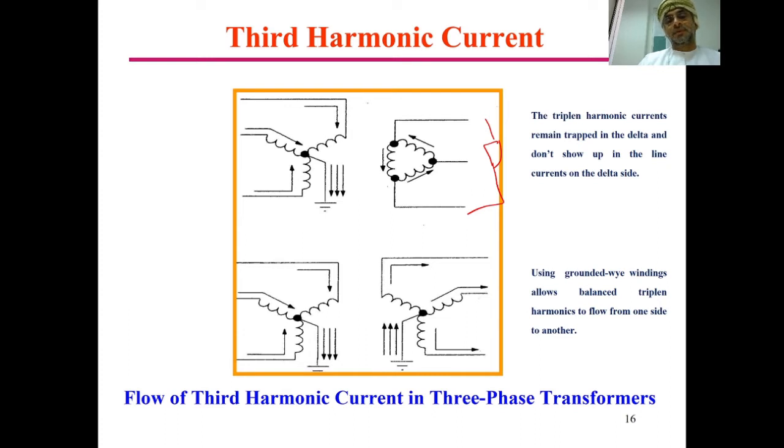Again, this is just from Kirchhoff's current law, right? Over here we have a third harmonic, over there we have a third harmonic, so the current that enters will be equal to the current that leaves, right? Then nothing will go there.